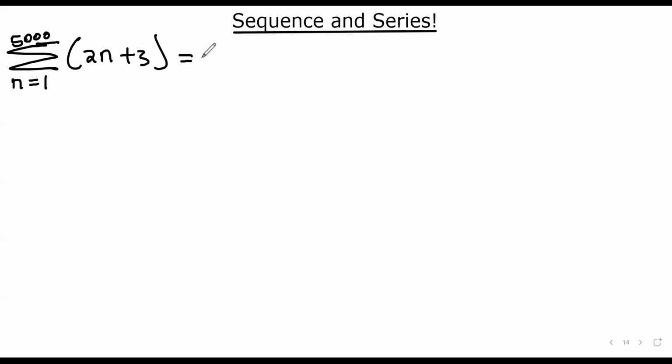Now, this is what we know. We know that the sum from n equals 1 to n equals 5,000 of 2n plus 3 is actually 5 plus 7 plus 9, which goes on all the way to the last term.